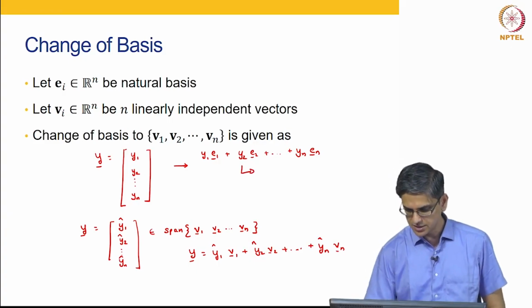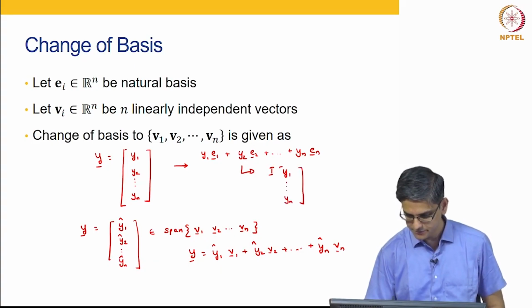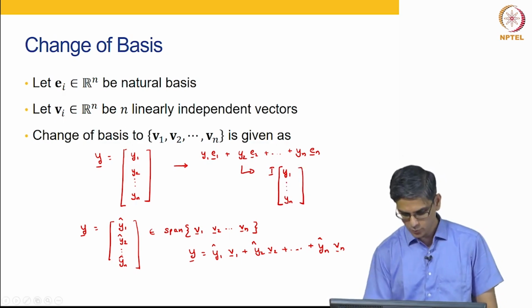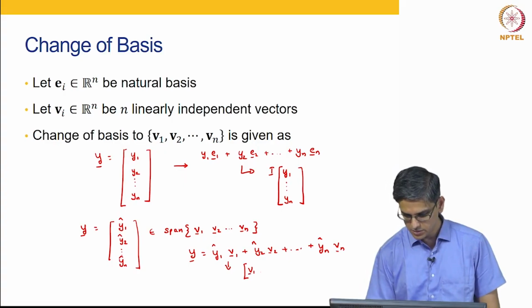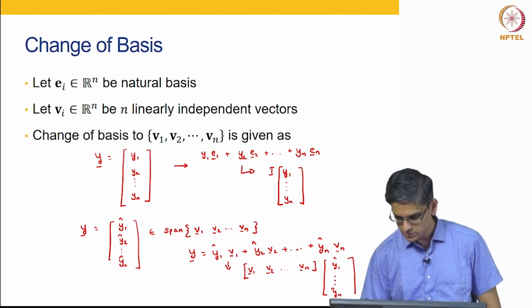This is nothing but identity multiplied by y1 to yn. What is this? This is nothing but v1 bar, v2 bar up to vn bar multiplied by y1 hat to yn hat, right.